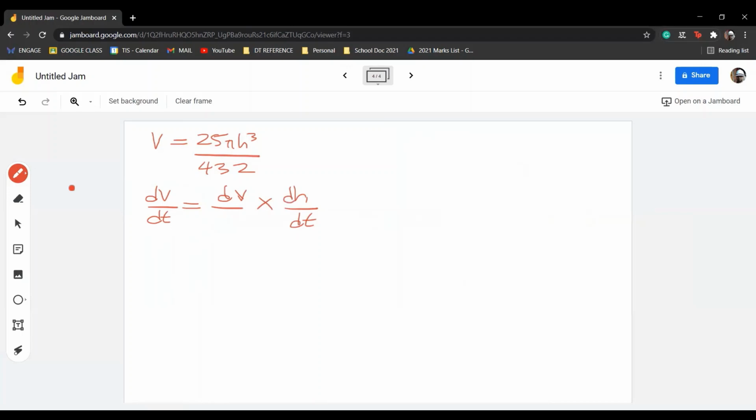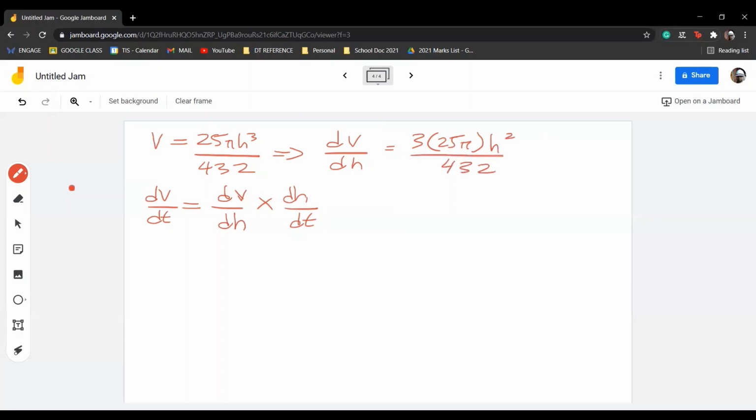Hence we can differentiate this to get dV/dh. It is very simple: you just differentiate with respect to h, which gives 3 times 25 pi h square over 432.